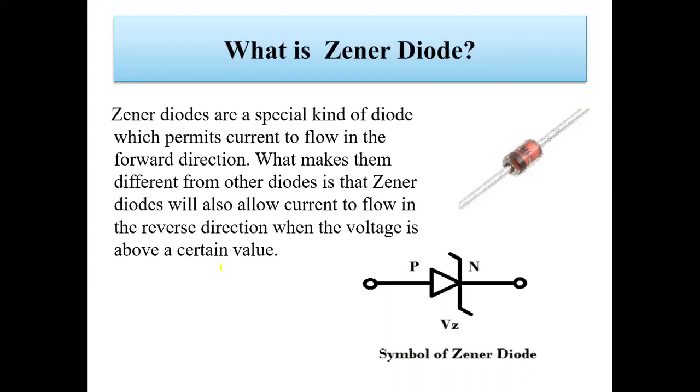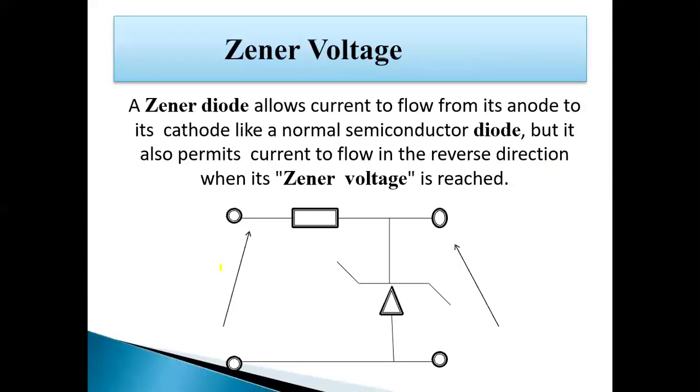Here the block diagram of a Zener diode is shown. It allows current to flow from its anode to its cathode like a normal semiconductor diode, but it also permits current to flow in the reverse direction when its Zener voltage is reached.